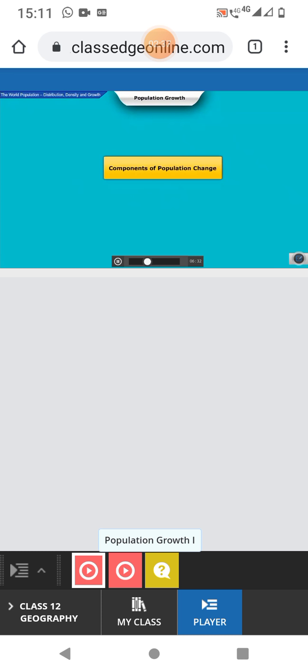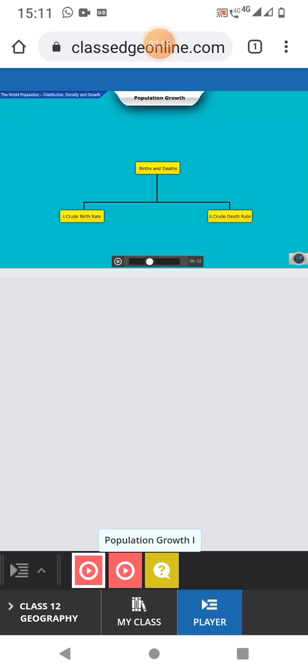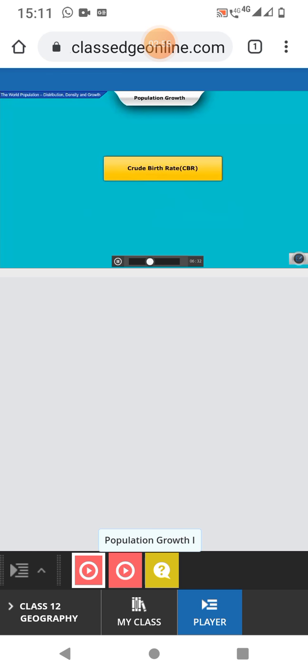Do you know what are the components of population change? The main components of population change are births, deaths, and migration. Births and deaths are measured by two indicators: 1. Crude birth rate. 2. Crude death rate. Crude birth rate, CBR.